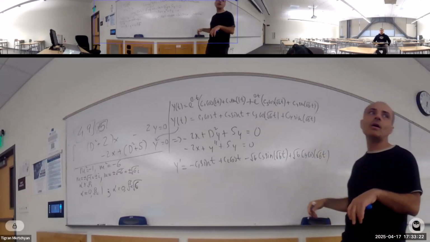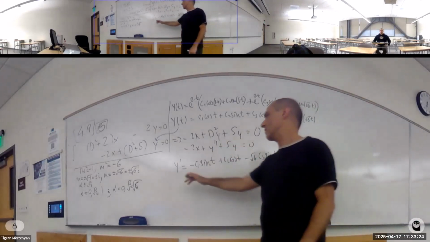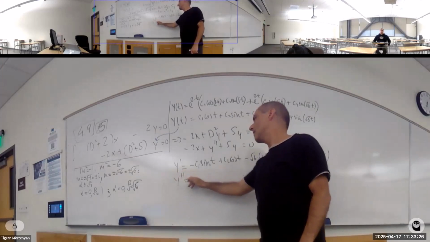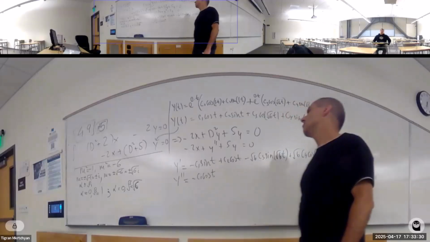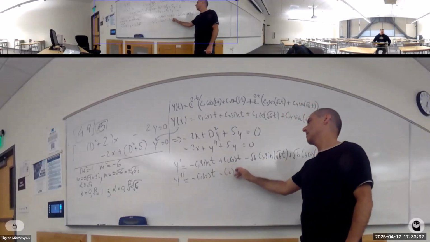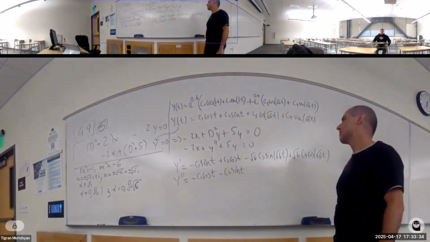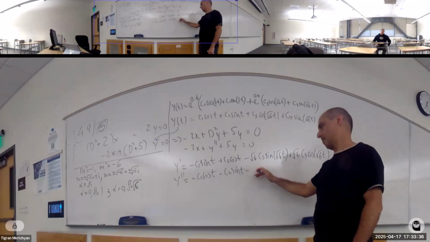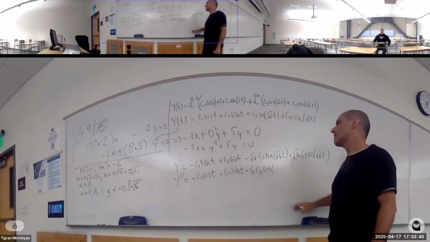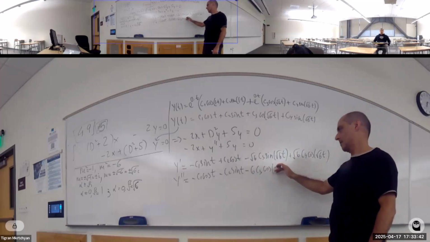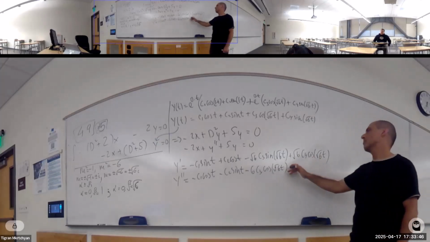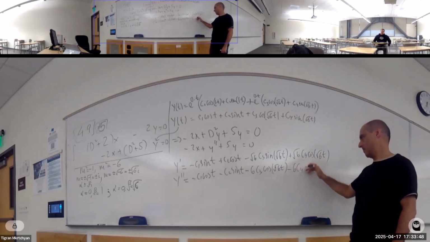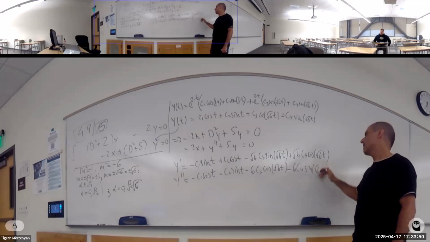And now we need to do one more time because it requires the second derivative: minus c1 cosine t, minus c2 sine t, minus 6 c3 cosine square root 6 t, minus 6 c4 sine square root 6 t.